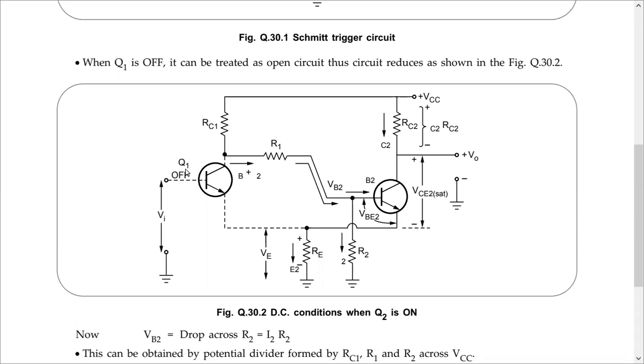If we give a sinusoidal signal as input, only when Vi reaches VBE1 plus VE will Q1 turn on. Why 1? Because it is transistor Q1.